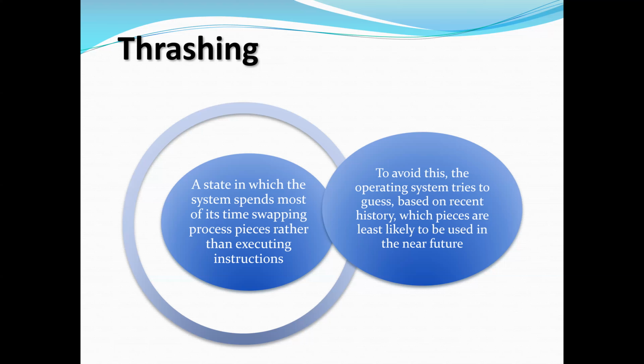Too much of this will lead to the condition that we call thrashing, a state in which a system spends most of its time swapping process pieces rather than executing instructions. To avoid this, the operating system tries to guess, based on recent history, which pieces are least likely to be used in the near future. So again, the concept of thrashing is when the operating system keeps swapping process pieces rather than executing them.